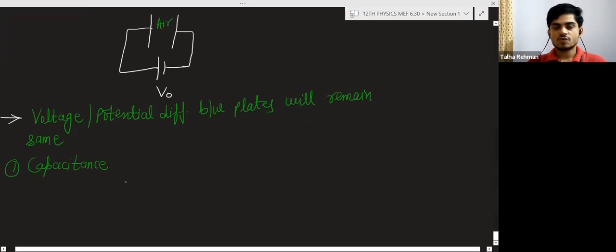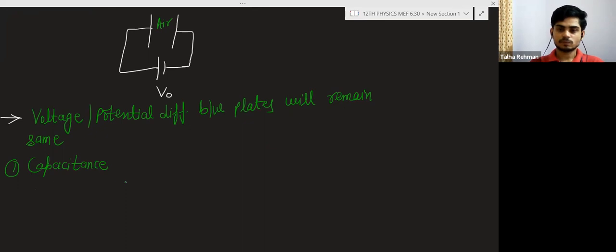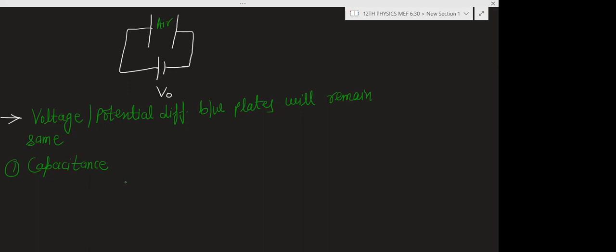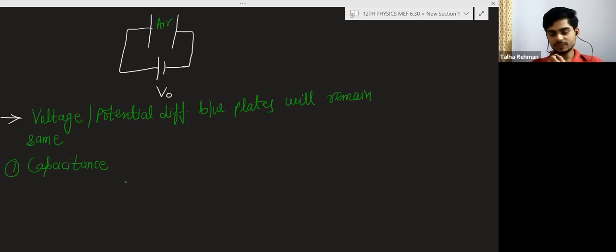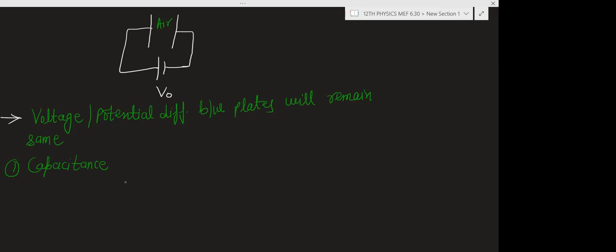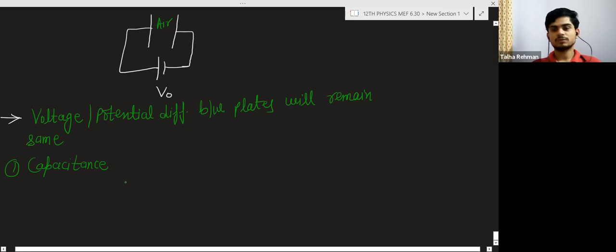So Nabal, please tell me the formula of capacitance. Epsilon 0 A by d, okay, good.